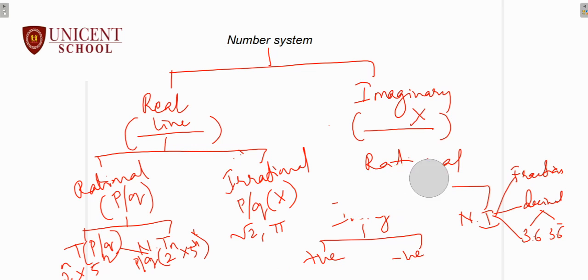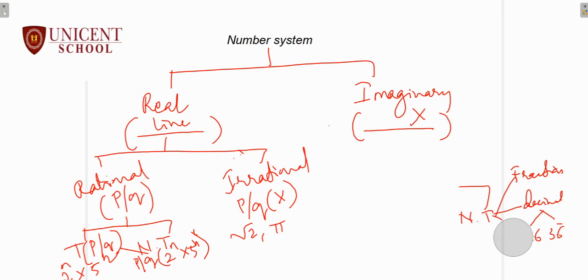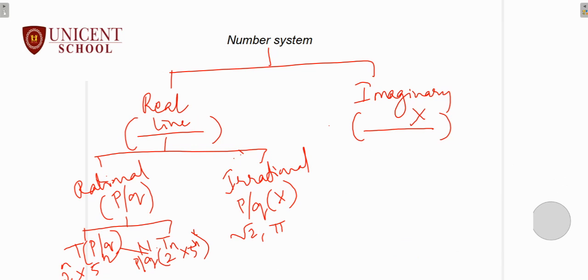And now we will see a little more about the irrational numbers, because in our chapter on number system we'll be focusing on irrational numbers also. So what are these irrational numbers? We can call them surds. What is a surd?